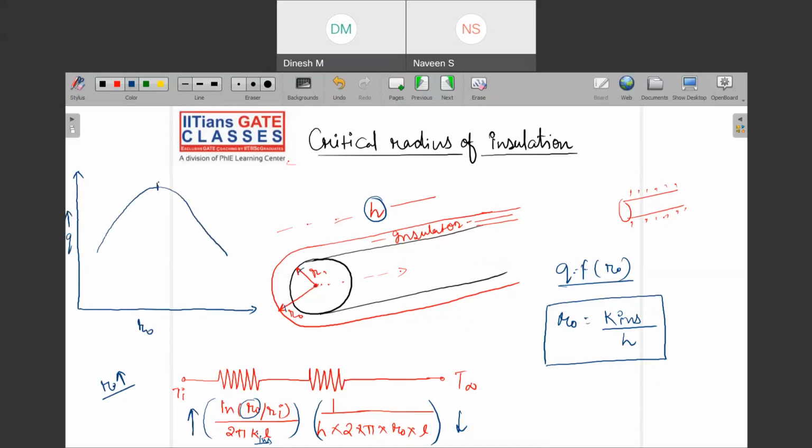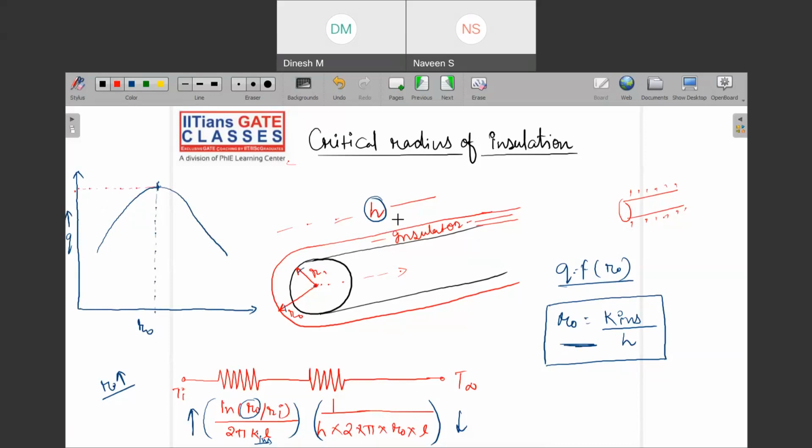Then what does it mean? This is the R naught at which Q is maximum. Can you see at this point the rate of heat loss is maximum?